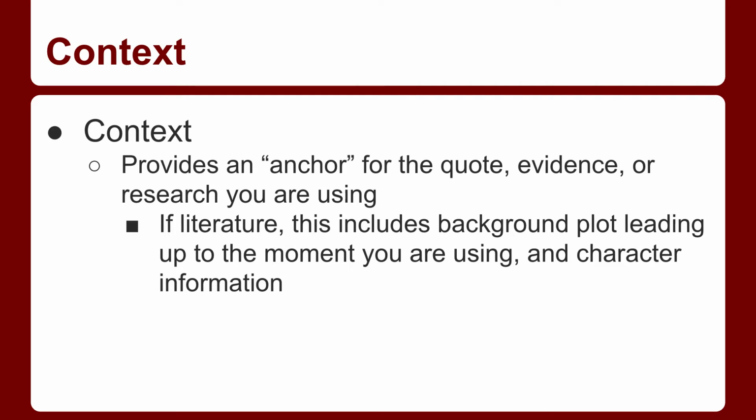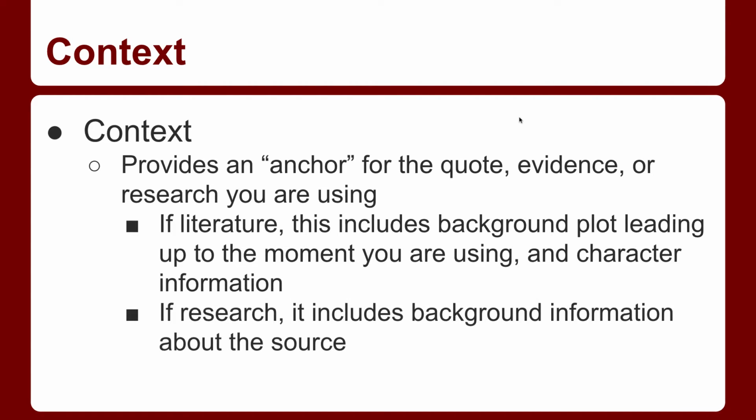So it gives you the background that we need. If you are providing something from one of the stories, you want to say what happened right before that moment in time that leads us to that moment. That's your context sentence. If it's research, remember, it includes the background information about the source, but this is literature, so we're going to be doing that.